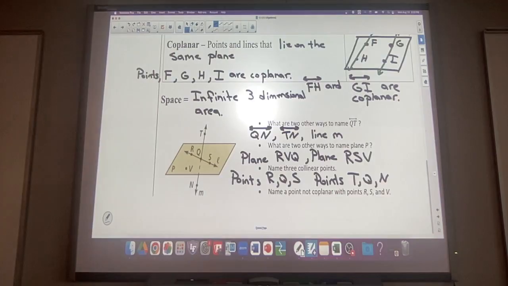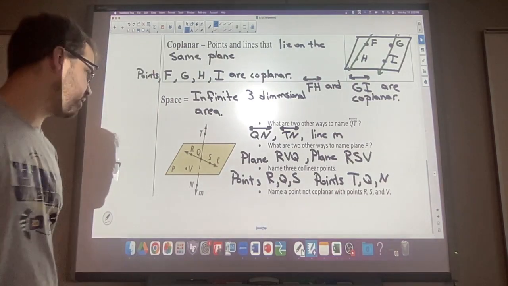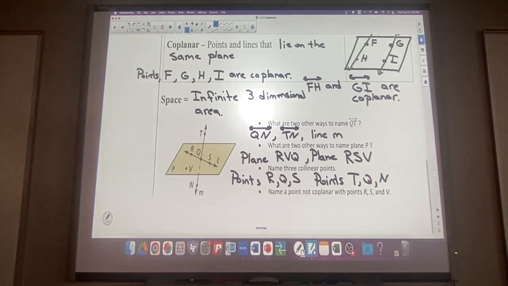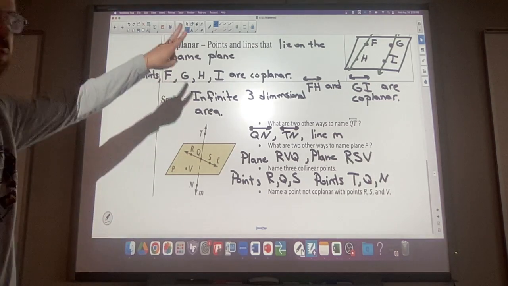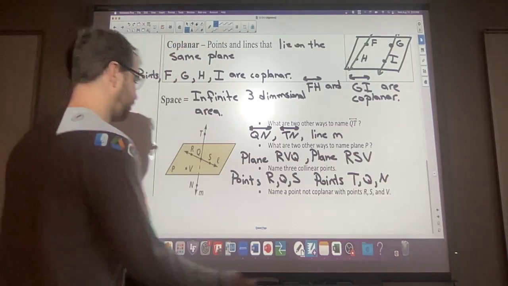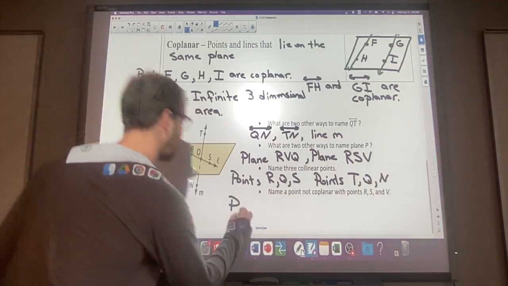All right, now to name a point that is not coplanar with RS and V, I'll let you figure this one out. We mentioned this earlier. There's 2 options, 1 point. Like I said, if you want to do it yourself, just pause the video.